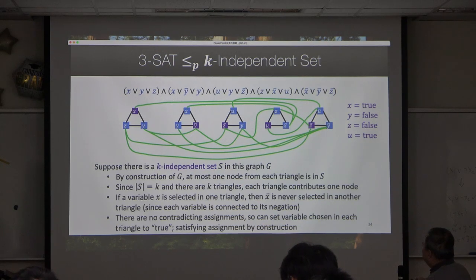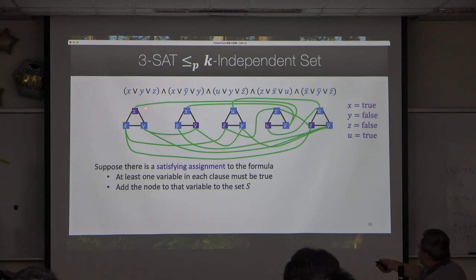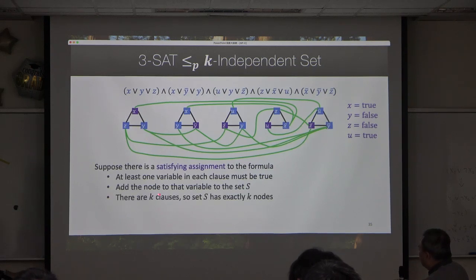To be exact, we select X here, Y bar here, Z bar here, U here, and Z bar here. You can see that there are K clauses, so we select one from each triangle, and we have exactly K nodes.